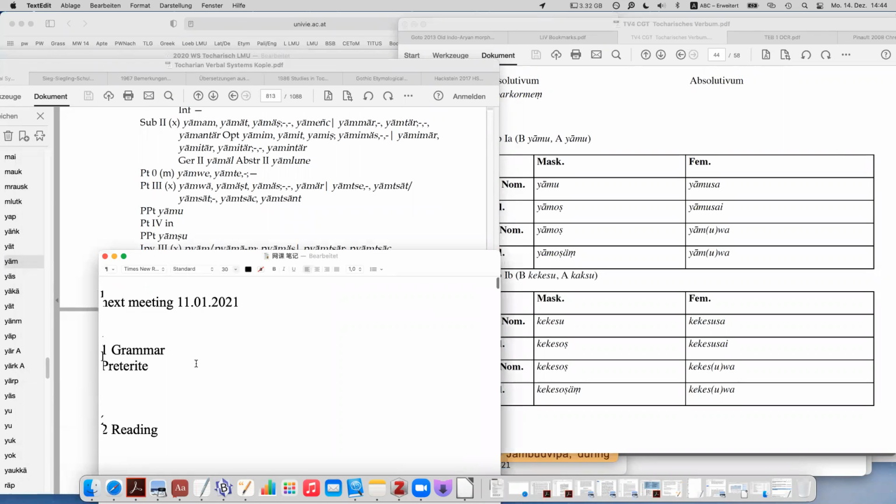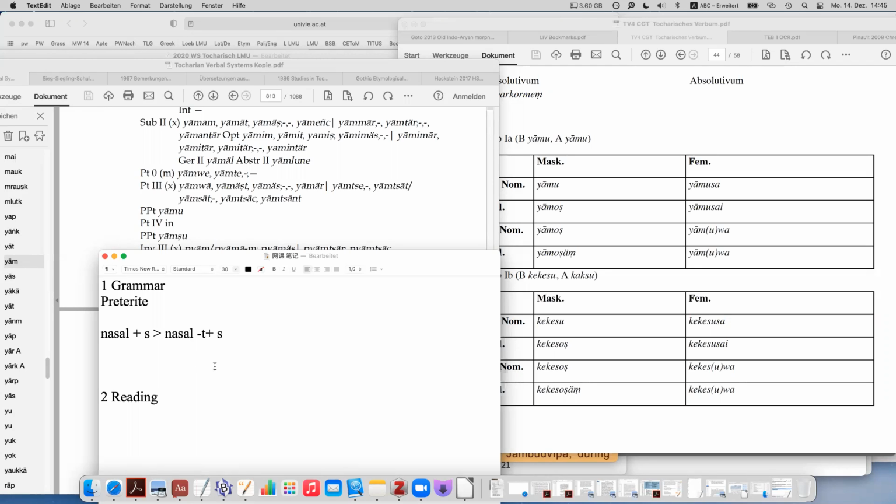Actually, in Tocharian and in other Middle Iranian languages, I guess, if we have a nasal plus S, then usually you would have a T in between.